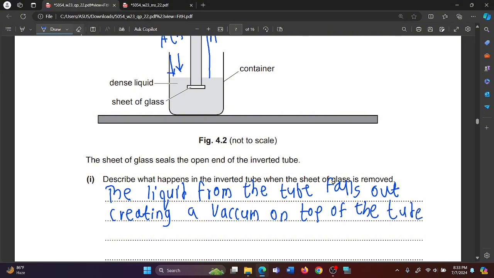Sorry, I wrote D instead of B. Tube. Now the full stop.